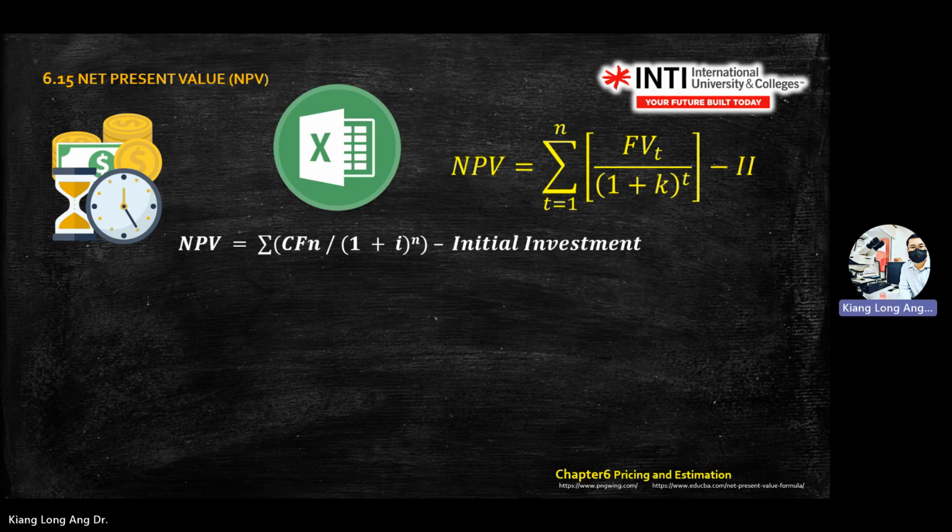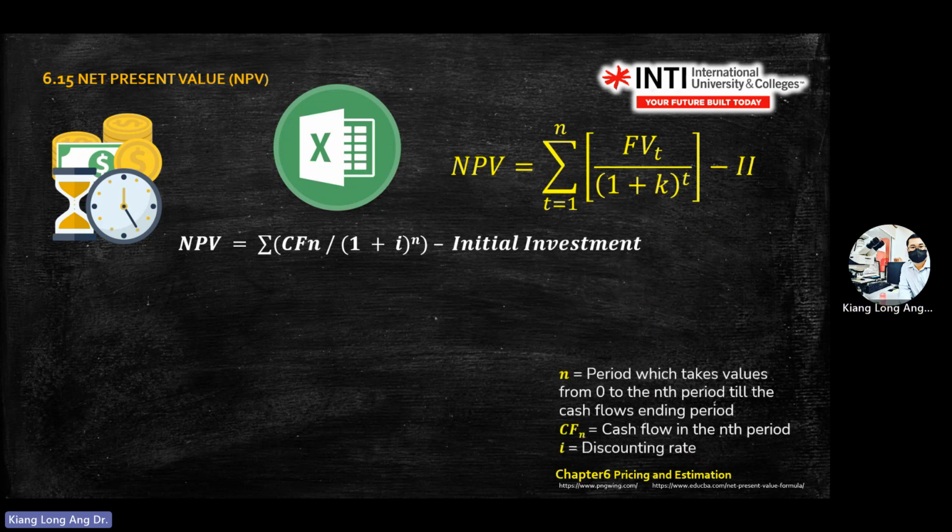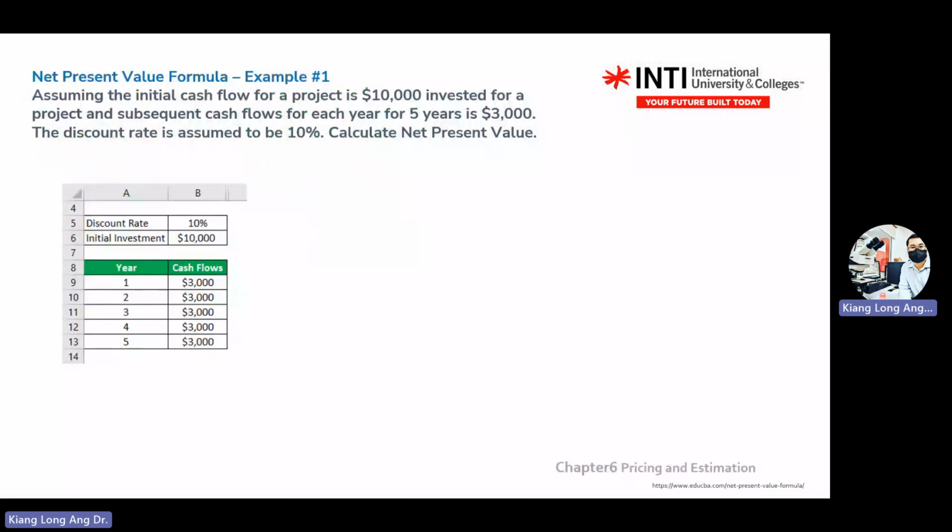So CF here is your cash flow in N period. This is a future value. So CN here is the future value. I'll show you the example using Excel.